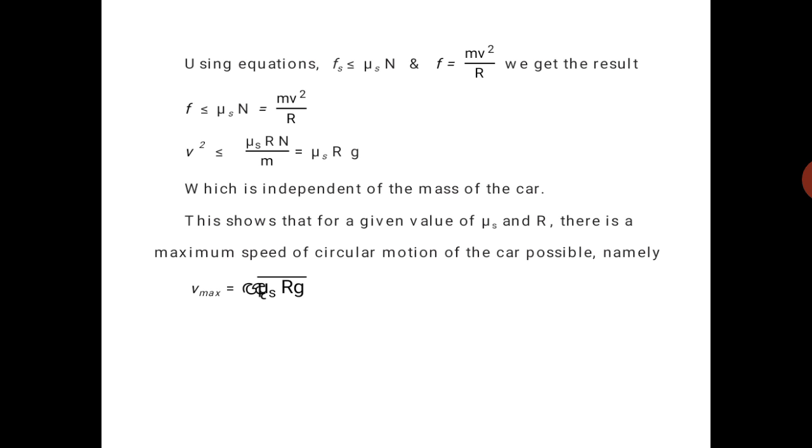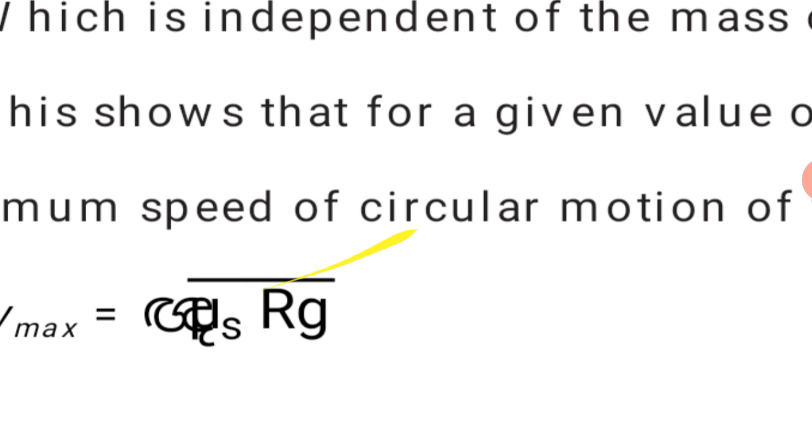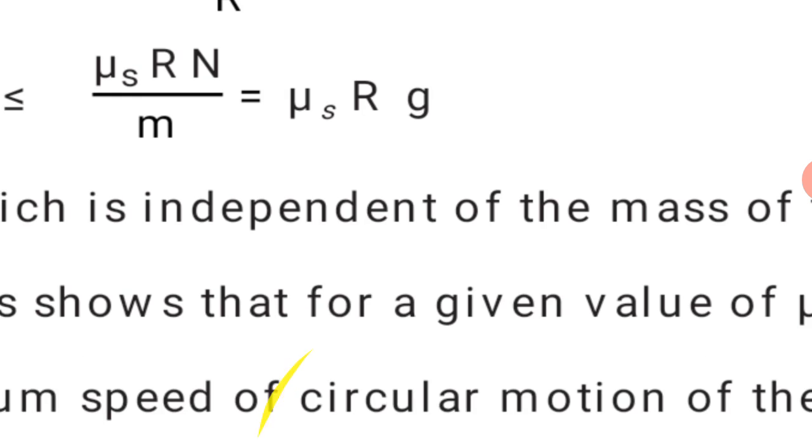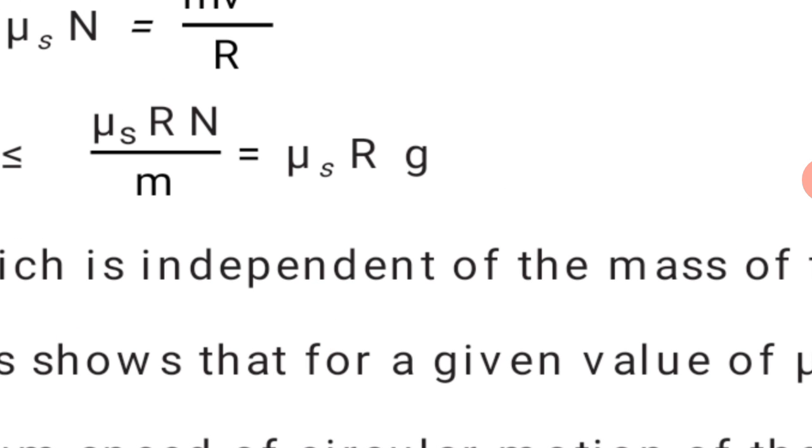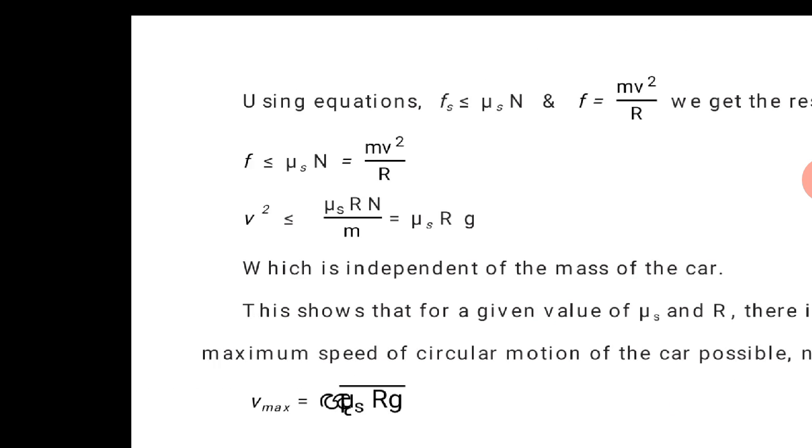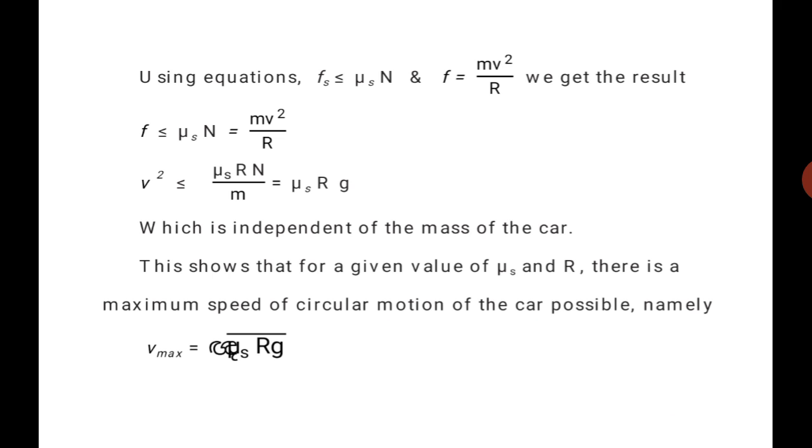This shows that for a given value of mu s and r, there is a maximum speed of circular motion of the car possible, namely square root of mu s r g. So this is the expression for the maximum speed of the vehicle on a level road.